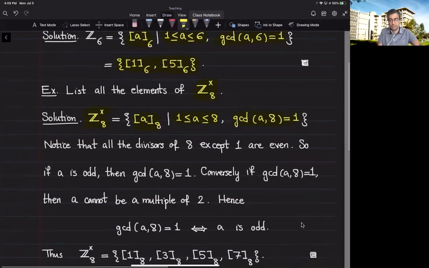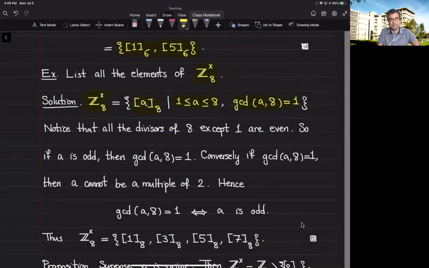Now notice, what are all the divisors of 8? They are 1, 2, 4, and 8. Except for 1, the other divisors, 2, 4, and 8, are all even. That means if GCD of a and 8 is not 1, then it should be even.